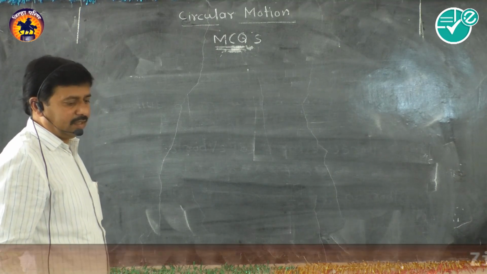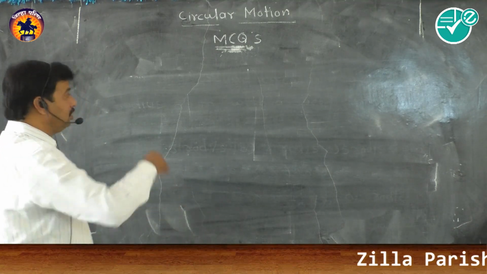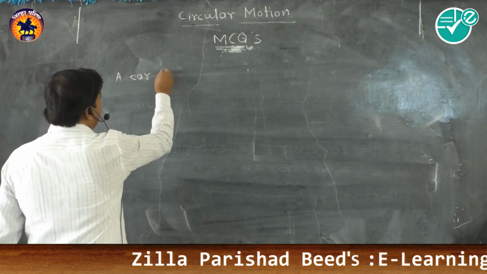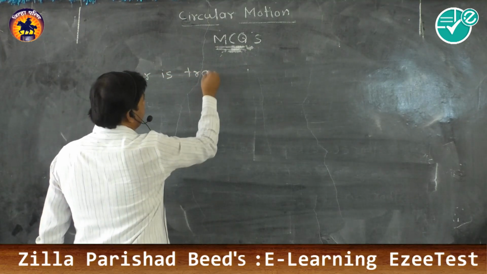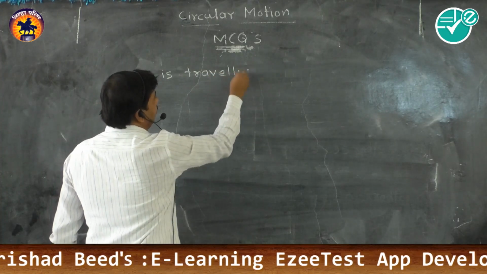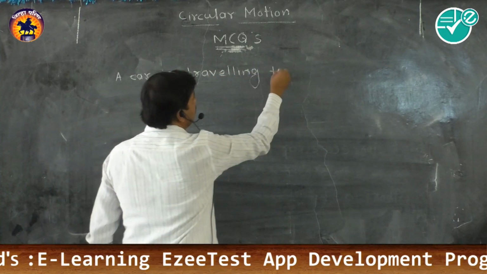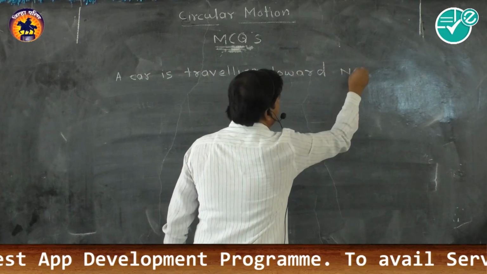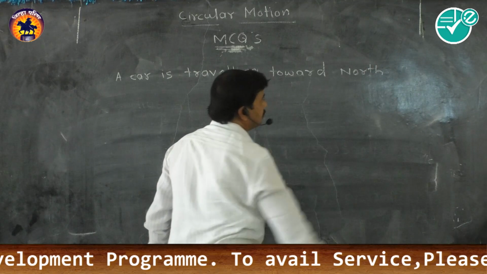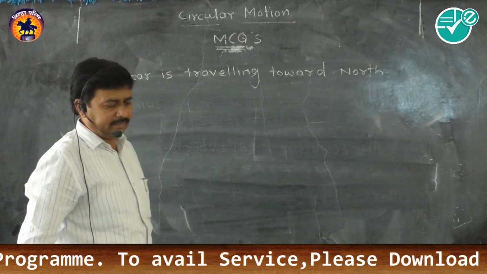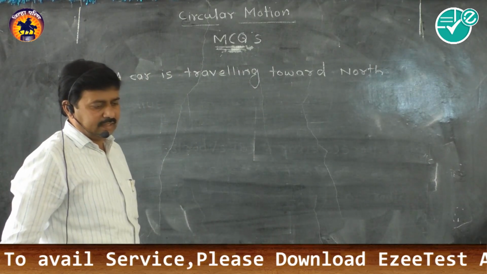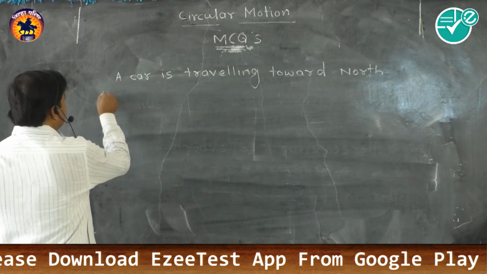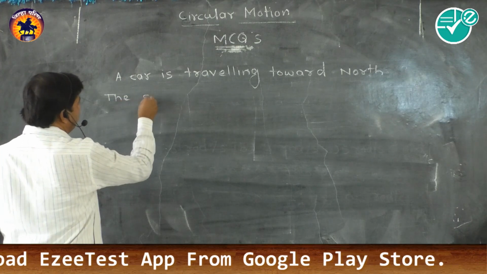It is a theoretical one. A car is traveling towards north. The direction of the traveling of the car is provided to us. The angular velocity of the wheels is due.